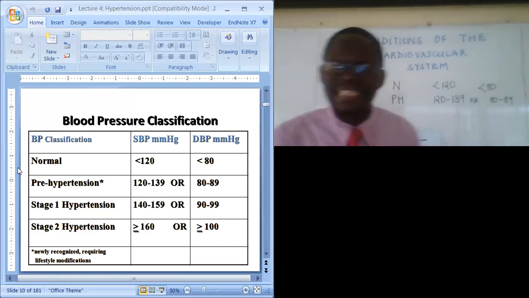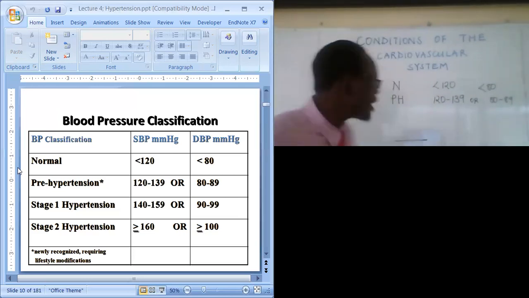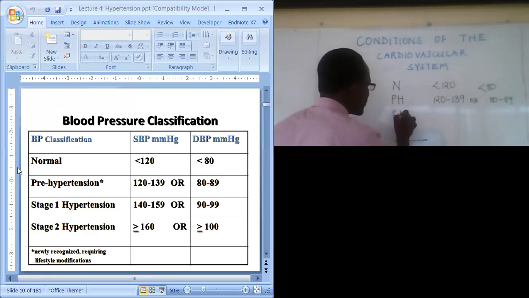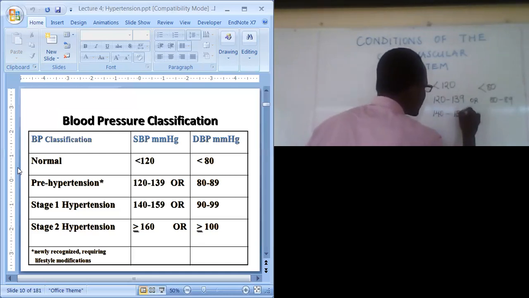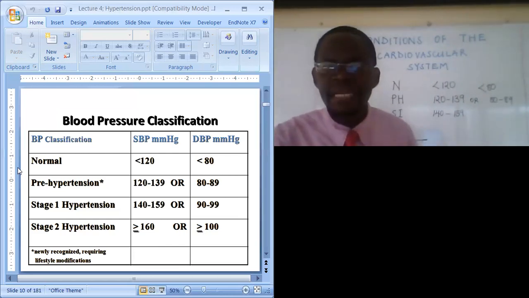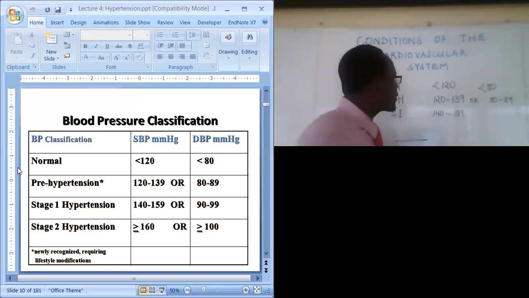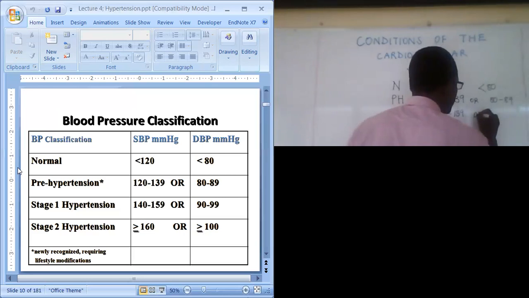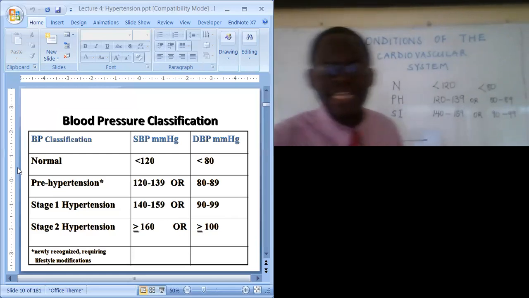Now, the other stage of hypertension is what we refer to as stage 1 hypertension, yeah? In stage 1 hypertension, the blood pressure is between 140 to 159, or 90 to 99 of the diastolic.